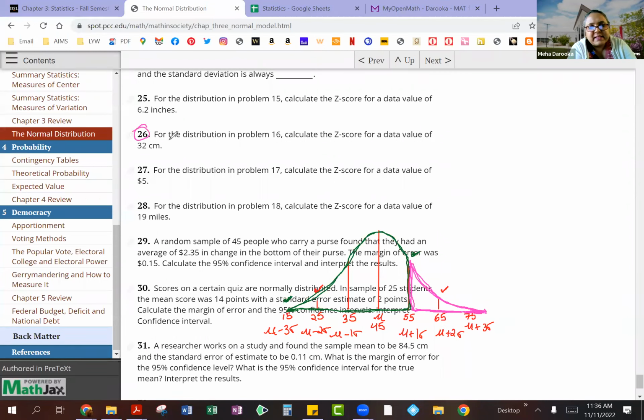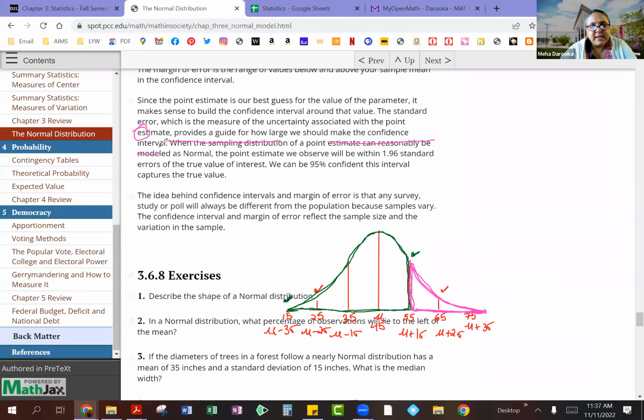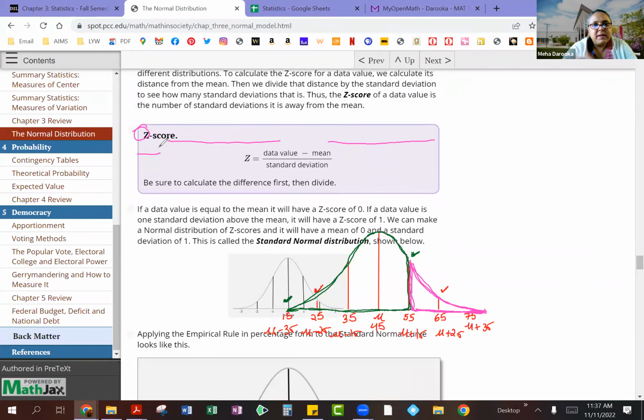So it's basically telling us for the distribution in problem 16, calculate the z-score for the data value of 32 centimeters. So since we were working on number 16, I just included this guy in there. So calculating the z-score, basically you have that formula, which again, we looked at in the last section also, and then you have it right here.